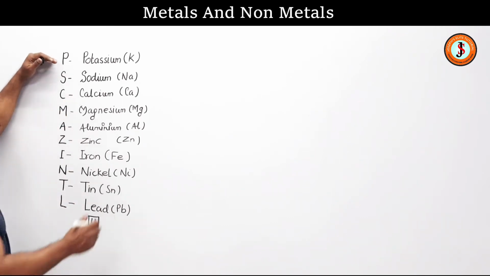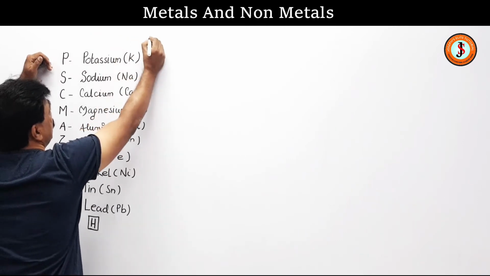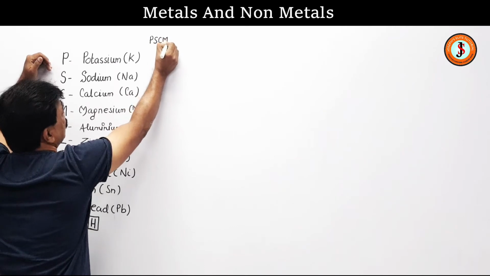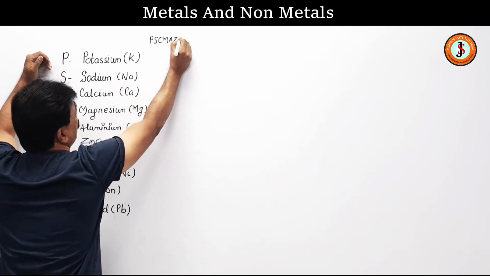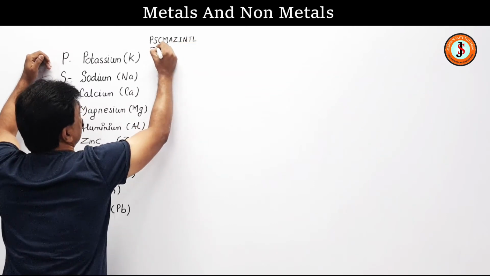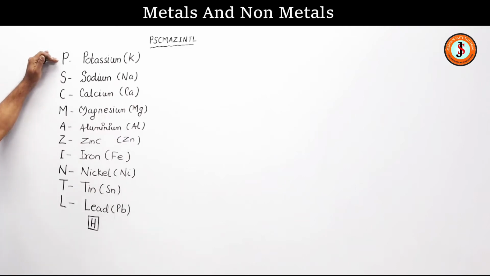So the trick for remembering this is your friend's name, as I said, PSC Magnetal. If you can memorize this, then you have understood it. Magnetal is your friend's name, alright. So this is the list over here, PSC Magnetal.